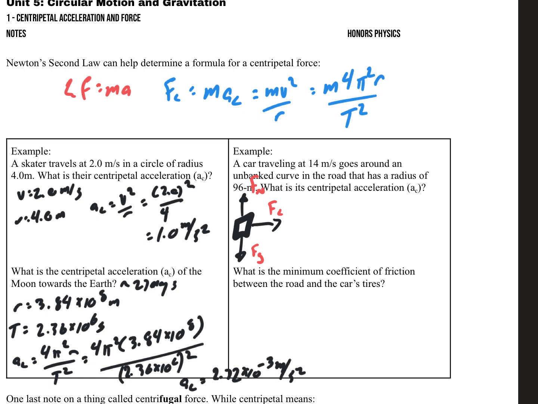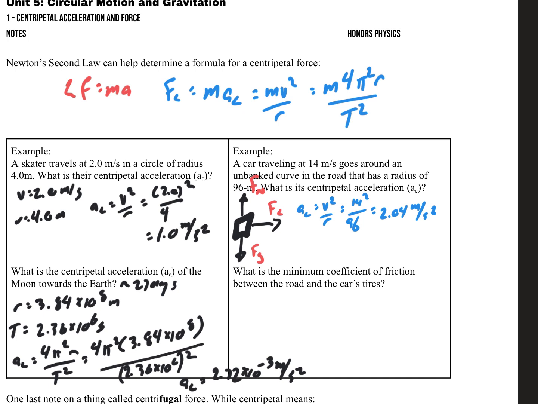The first thing we're going to look at is finding the centripetal acceleration of the car, and it looks like we have enough information to do that. a sub c equals v squared over r equals 14 squared over 96, which gives 2.04 meters per second squared. So that's where the acceleration comes from.